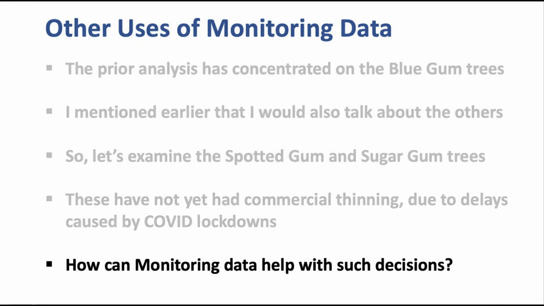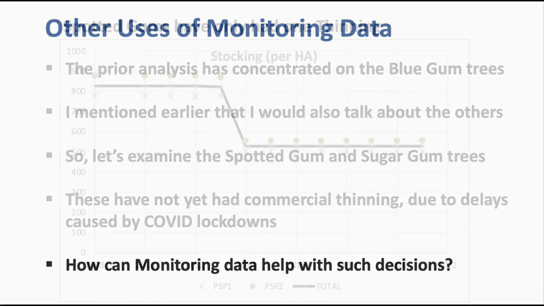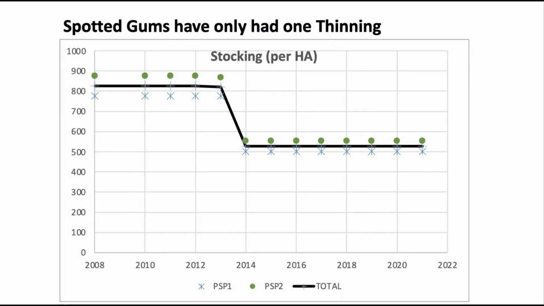So, how can monitoring data help with decisions about thinnings? As I said, the spotted gums have had only one thinning after about 3 years, and we can see that the stocking rate was reduced from about 850 down to 550 trees per hectare.